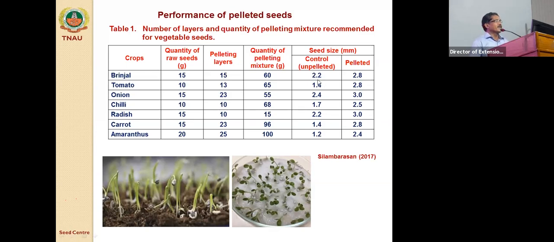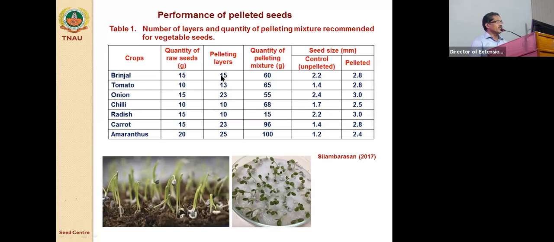So in that way, the size can be increased from 2.2 to 2.8. Here 2.2 is its width, but brinjal, you know, is a flattened seed. Here it is spherical, and this diameter is 2.8, whereas the other is the maximum diameter available in that seed. So we can increase the diameter and get uniform size and weight with this many layers.